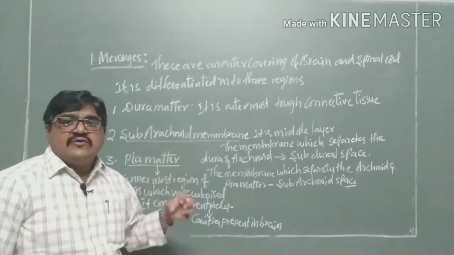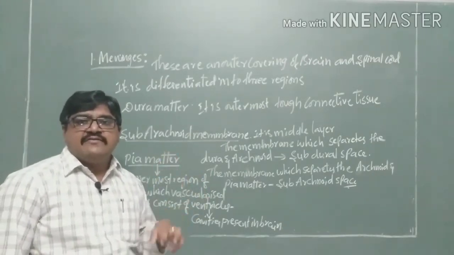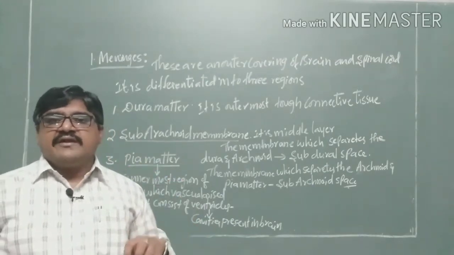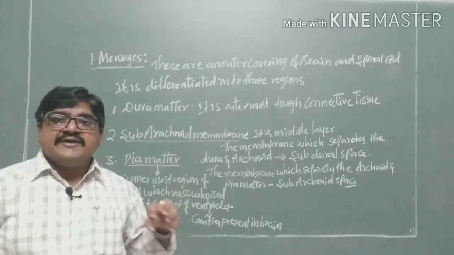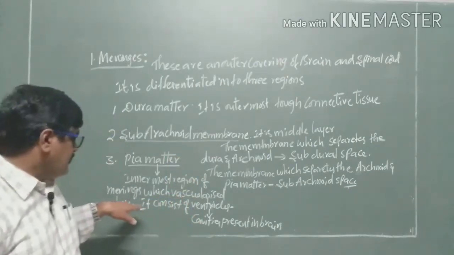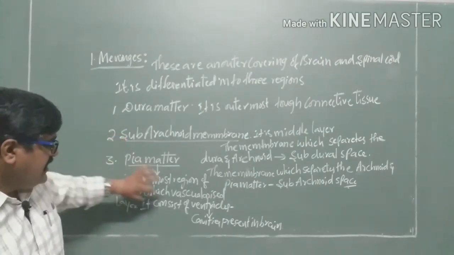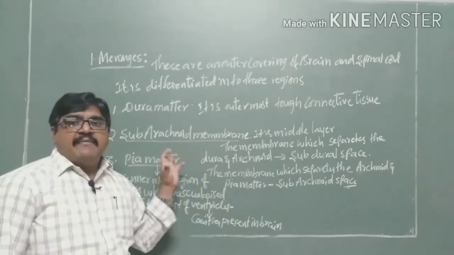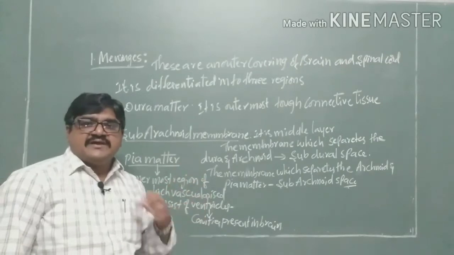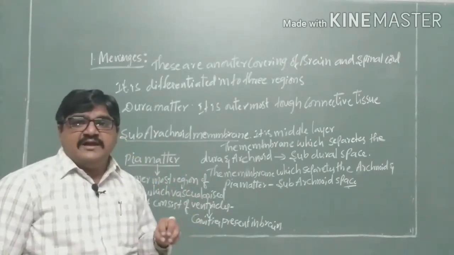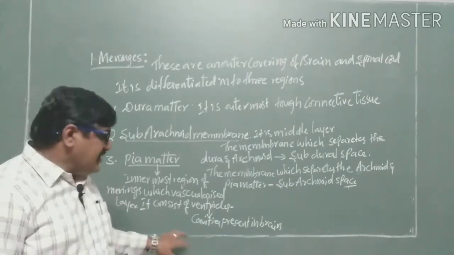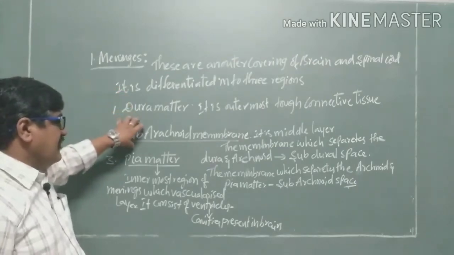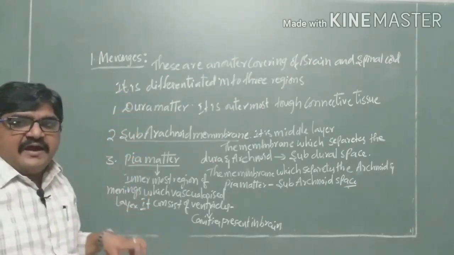The passage from the second ventricle into the third is called the diocoel, and the third ventricle opens into the fourth ventricle by a passage called the aqueduct. So it is not only covering the inner membrane of the brain and spinal cord, but also the ventricles present in the brain and spinal cord. So these are the three types of meninges: the dura mater, the subarachnoid membrane, and the third one, the pia mater.